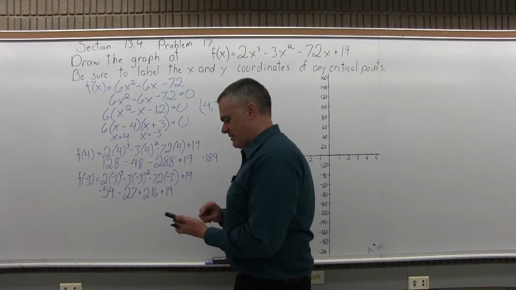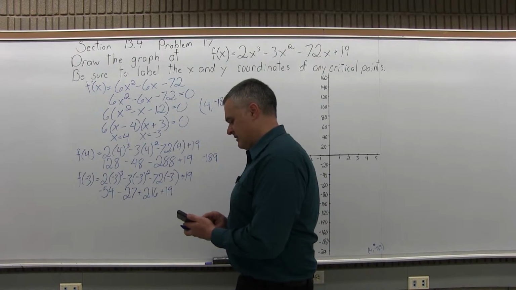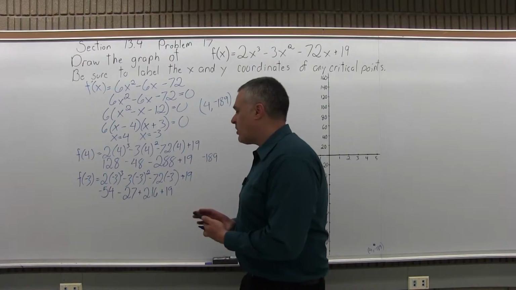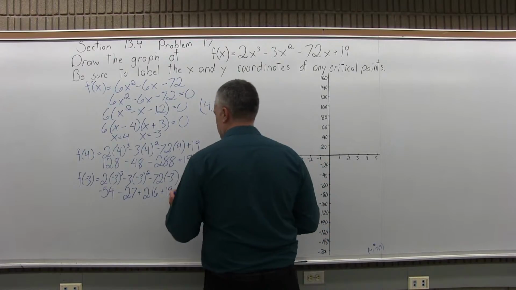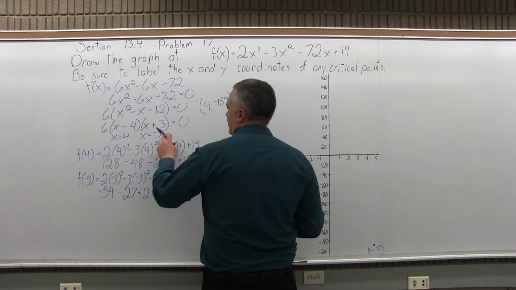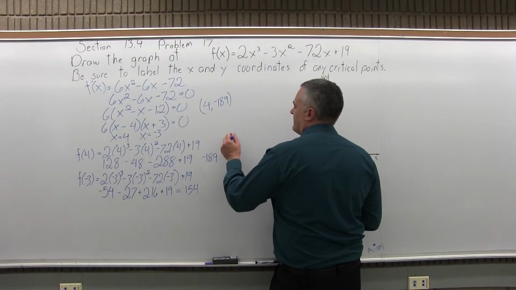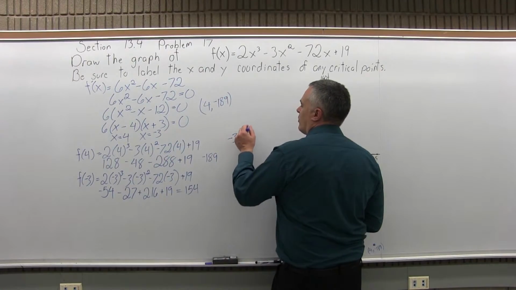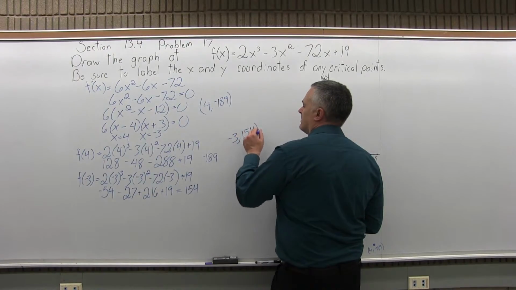I'll just use my calculator. I'll put in the positives first. 216 plus 19 more, minus 54, minus 27 equals, and I get positive 154. So I have a critical value with an x-coordinate of negative 3 and a y-coordinate of 154.